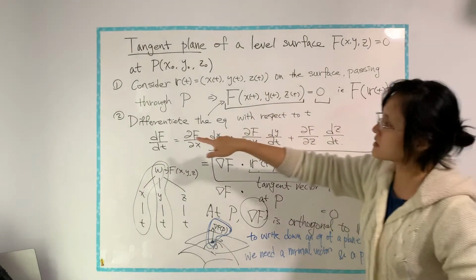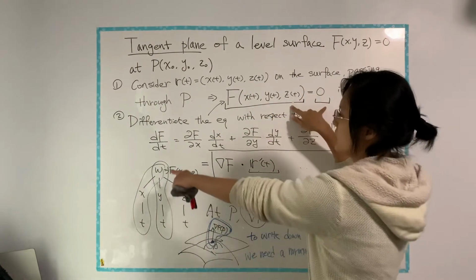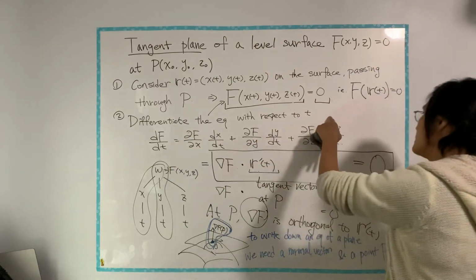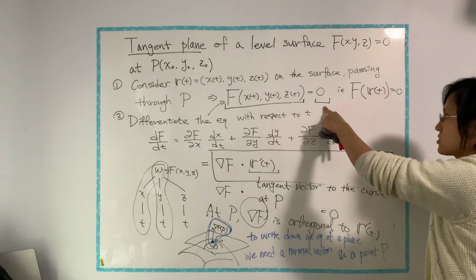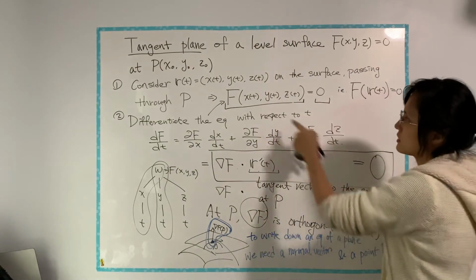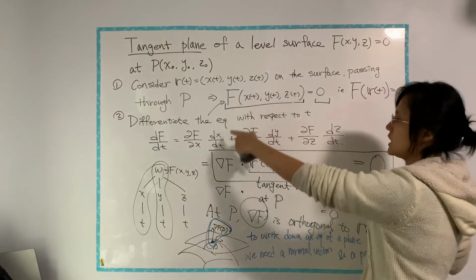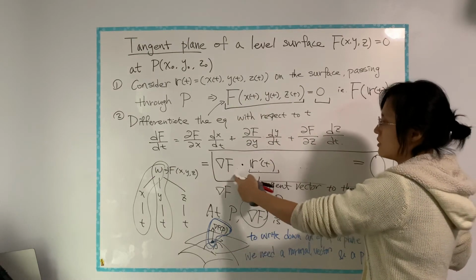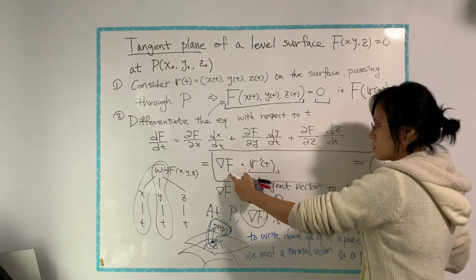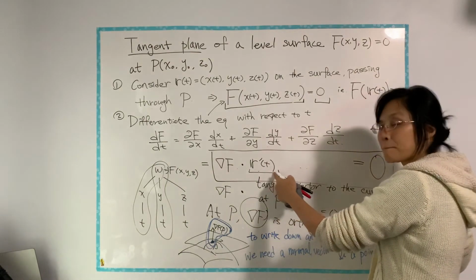On the left-hand side of the derivative equation, I have df dt. On the right-hand side, I have the derivative of 0, which is equal to 0. Using the chain rule, we know df dt is equal to gradient f dot r prime.